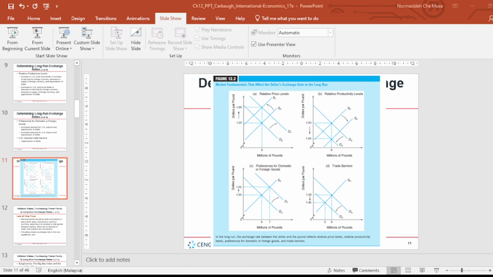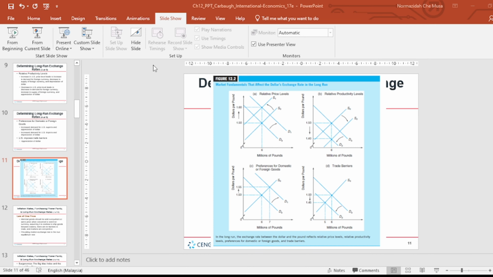So with the increased imports from the UK, there is an increase in the demand. The demand curve shifts to the right because of demanding more pounds to pay for the imports. So there's a shift to the right of the demand curve, the demand for the pound.